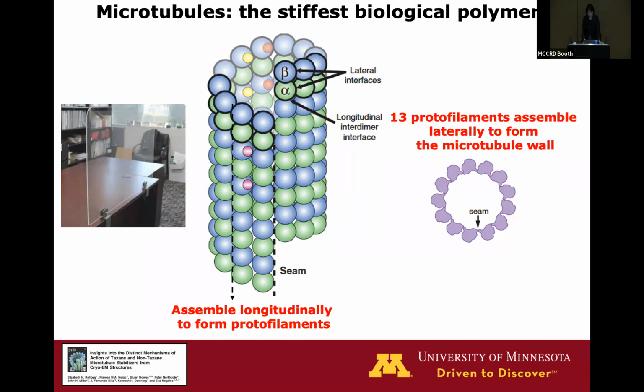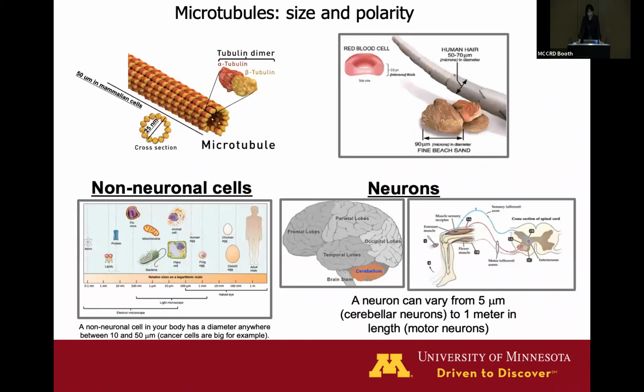In terms of size, microtubules are actually quite big structures if you think about it. Their internal diameter is 19 nanometers, the external is 23 or 25, but they're extremely long. They can be up to 50 micrometers, which is really, really long if you think about a cell.